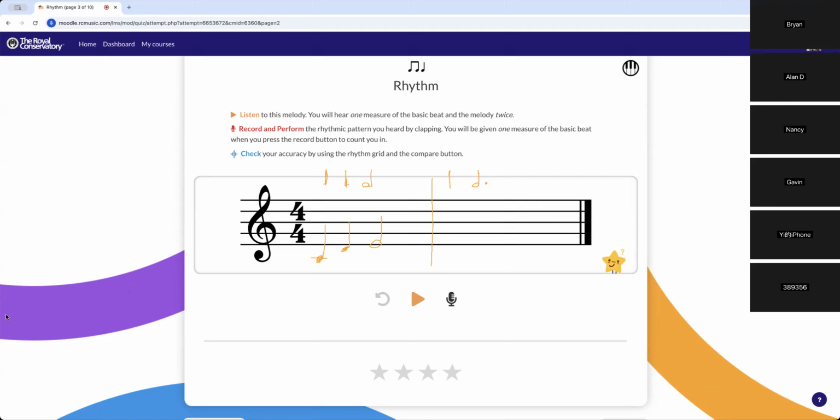Let's listen to this one again. Lower. Yeah. D. Lower. So I think lower, is it a skip or a step? Step.